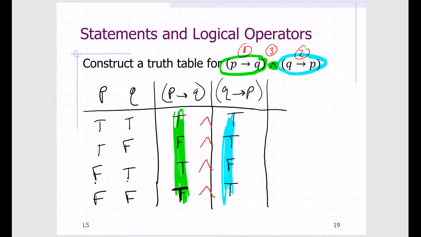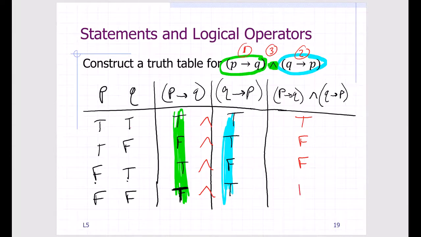Okay, so we're taking these two conditionals, combining them with an and. So in this first case, true and true. Now this last column is for the whole statement: P implies Q, and Q implies P. True and true equals true, false and true equals false, true and false equals false, and true equals true.